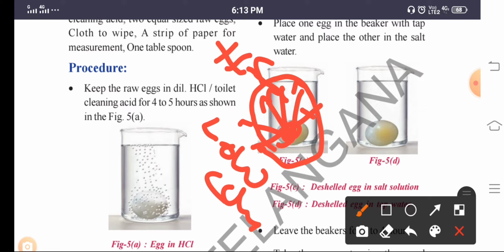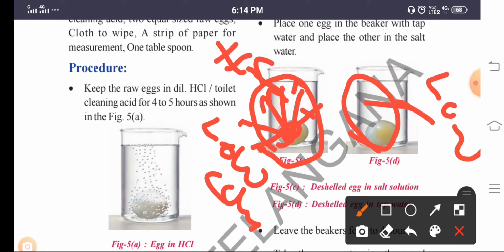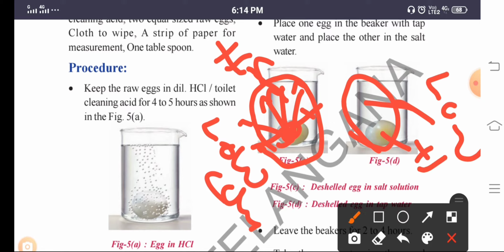So the main important point in this experiment is that water is moving from the egg into the beaker, that is the salt solution, through a plasma membrane. Here we kept this egg in the tap water. Tap water has a low concentration and the egg has a high concentration.